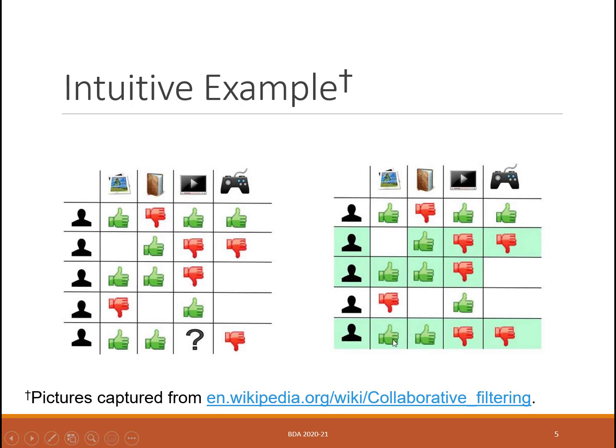Since these two users didn't like the movie, it's predicted that the active user 4 won't like the video. Please note that this prediction is specific to the user, but uses information collected from many users.